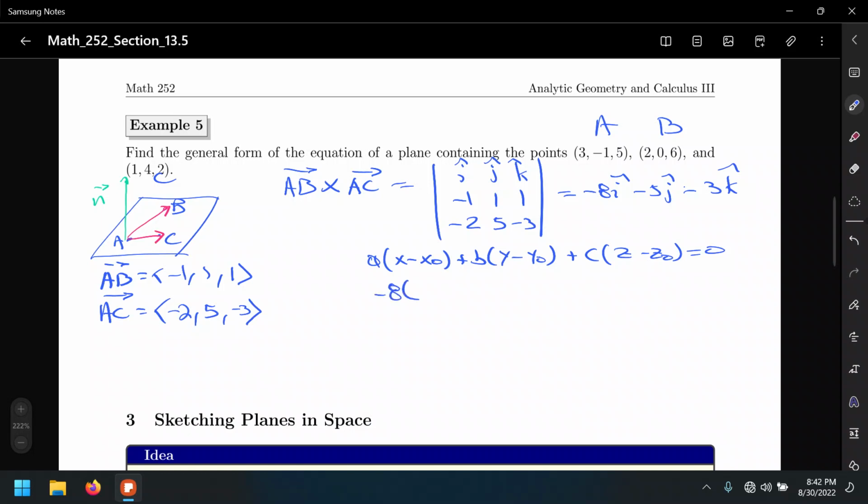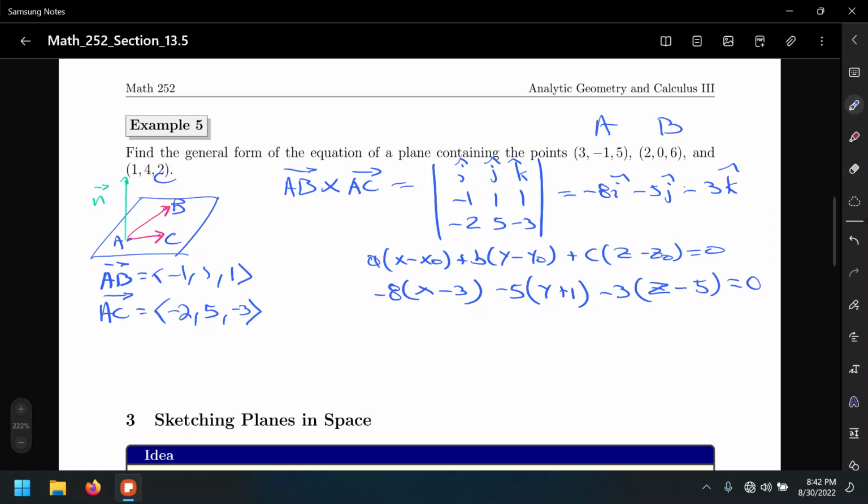Negative 8 times x minus x initial, which is the point A, x minus 3, and negative 5, which is the y component of the normal vector, times y minus negative 1, isn't that a plus 1? And c, which is negative 3, times z minus z initial, which in this case is 5, equal to 0.